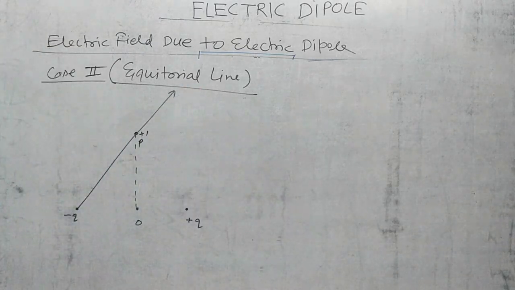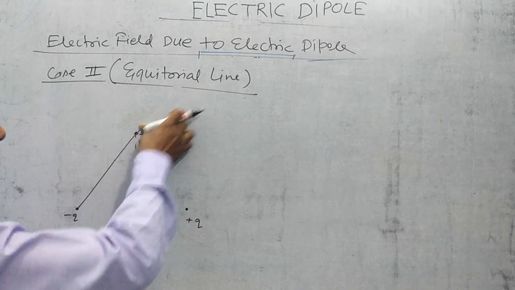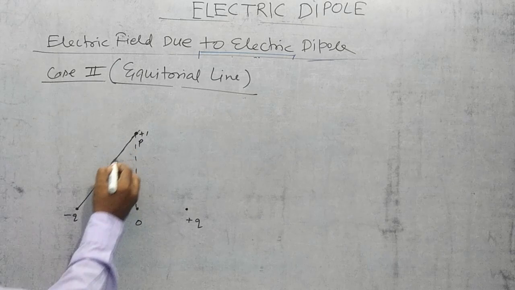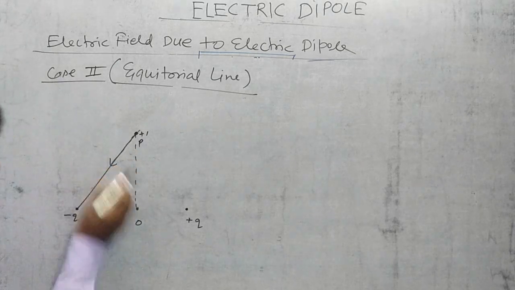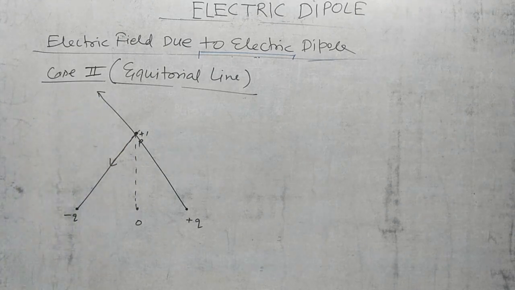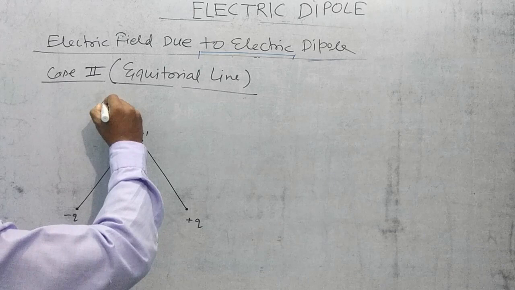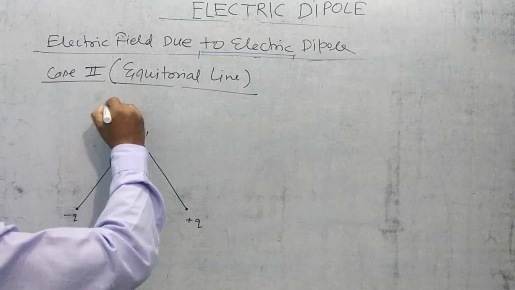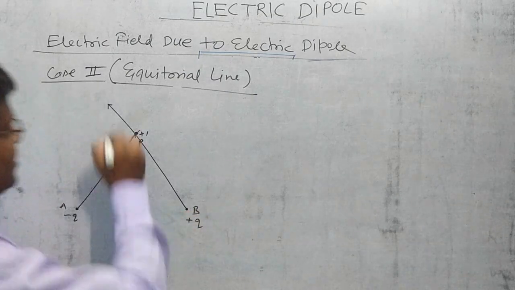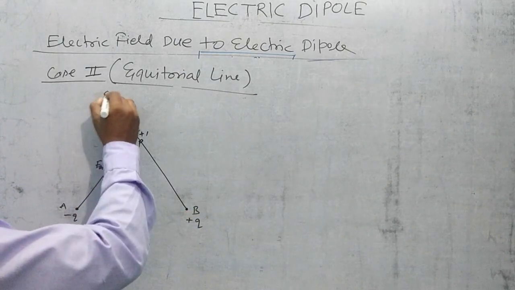Now you can draw the lines for denoting the electric field. This one is the attraction force, plus and minus, and this is the repulsive force. Means this becomes EA and this becomes EB.